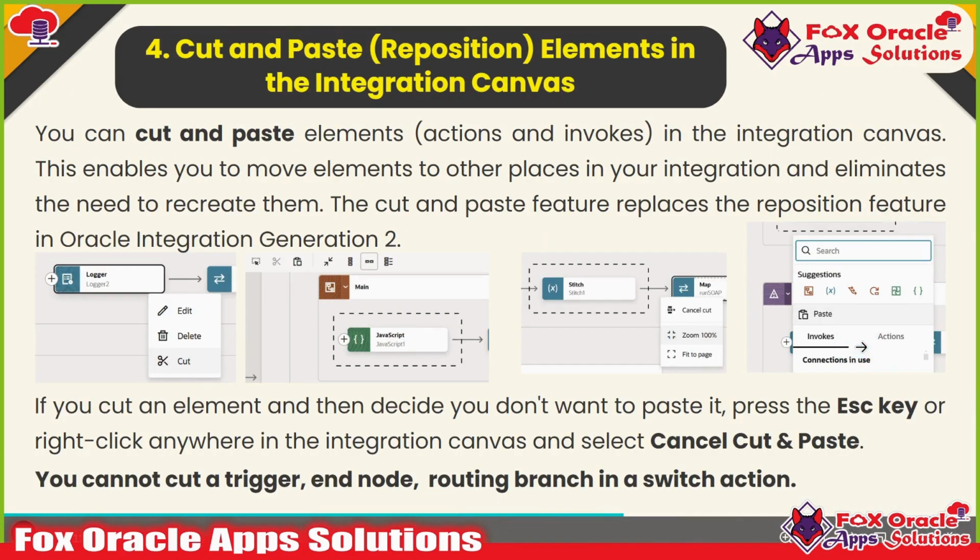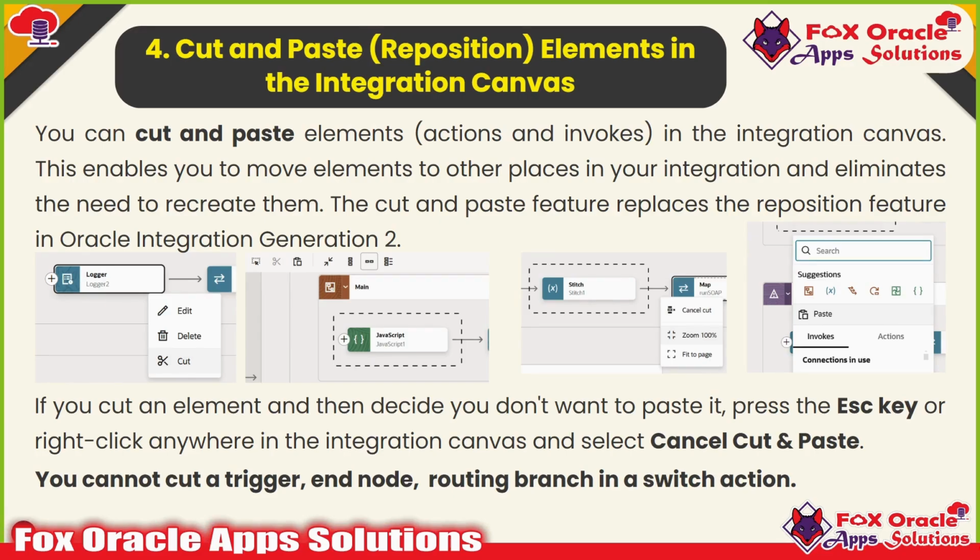And now last, for this session, we have the cut and paste option. In Oracle Generation 2 it was named reposition. Reposition gives us the flexibility to change the position of any element or endpoint we added in our integration.